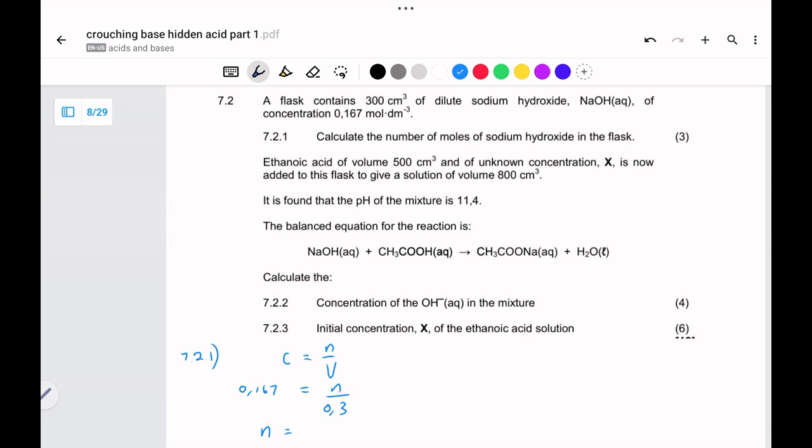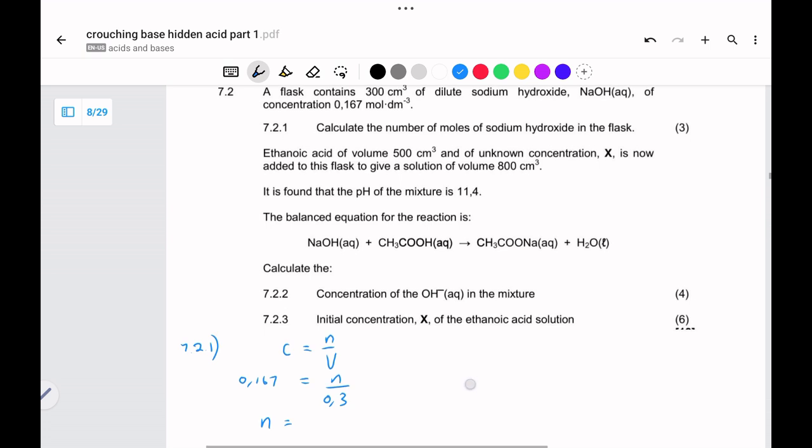So in our calculator, we get 0.0501 moles of NaOH.